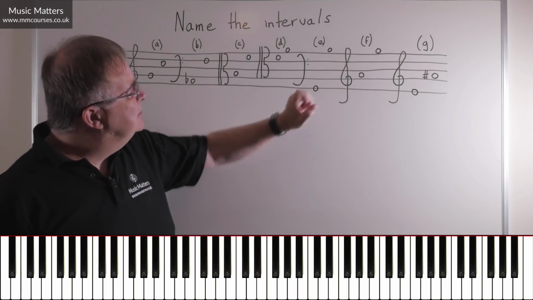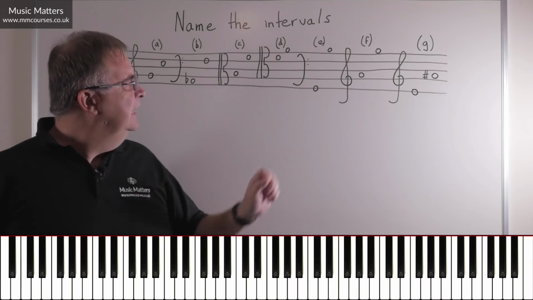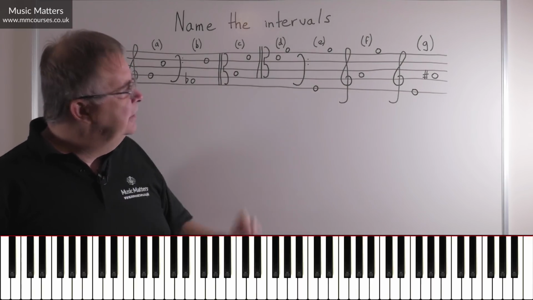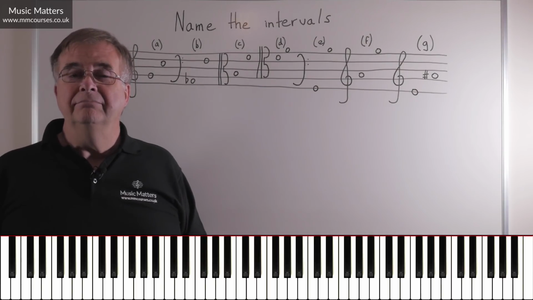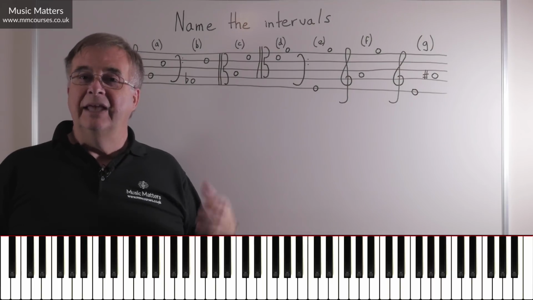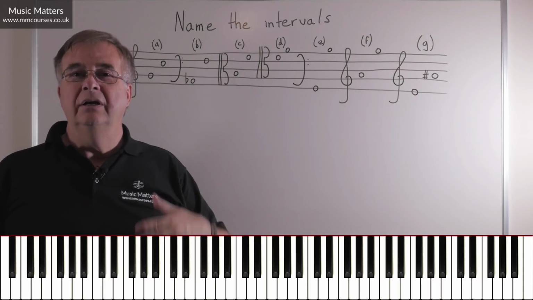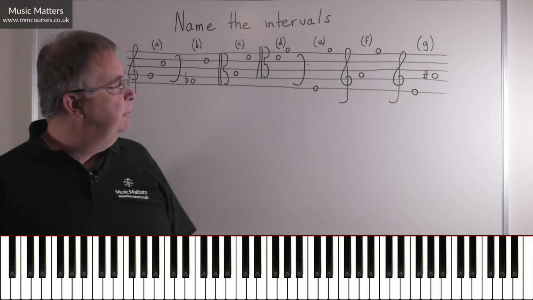So if it's G to B, a compound something third, in G major, the lower note, what should the third note be? And the answer is B. So B is the third note of G major. Therefore, it's a major third. So this is a compound major third.